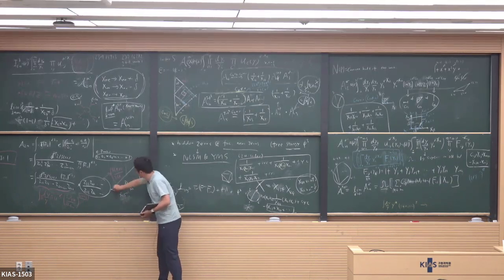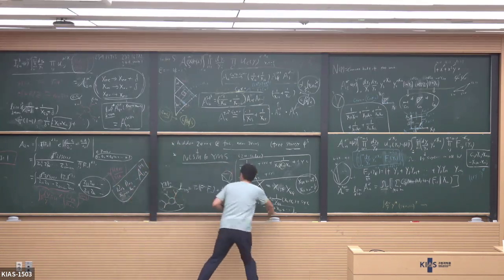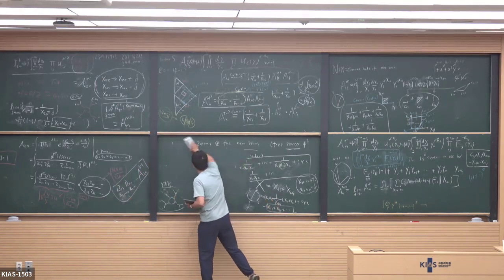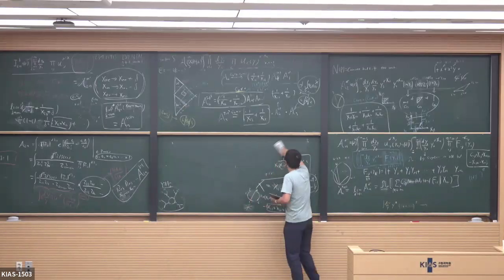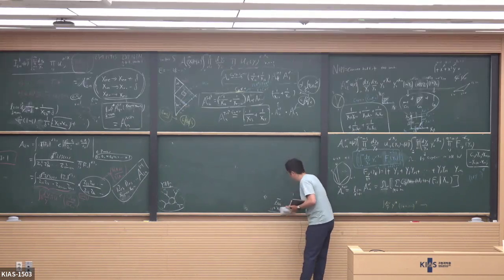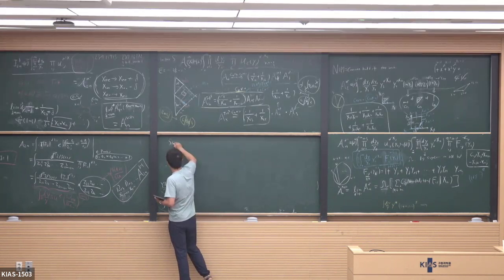I do this. Sorry, this is hard to see, but let me erase. Let me do it here. Sorry. So once I take this residue, this is the idea of scaffolding. Okay? So now I do scaffolding.